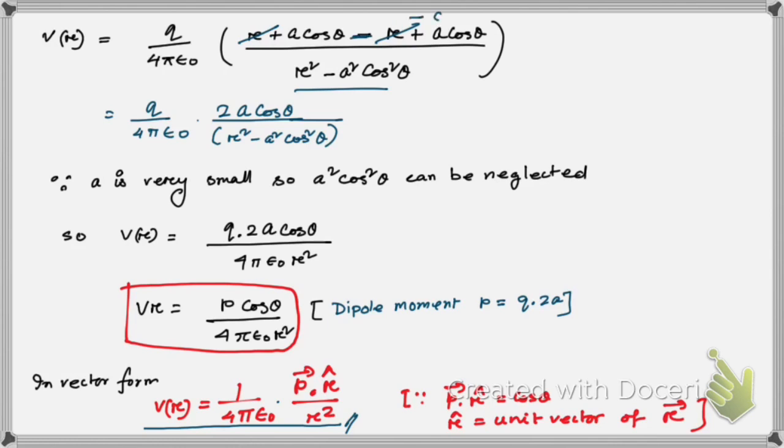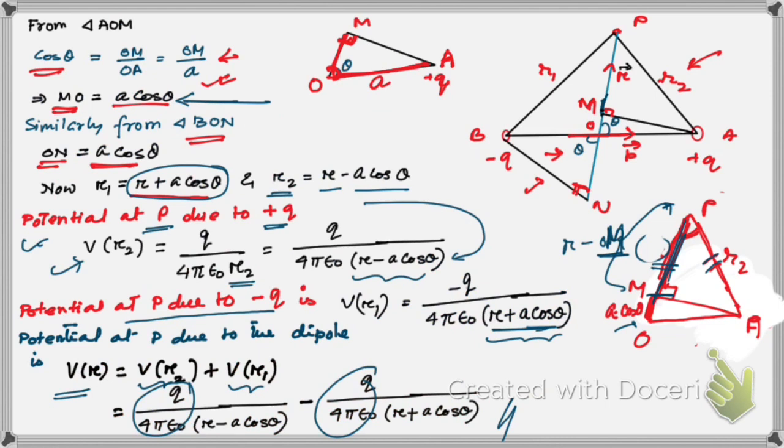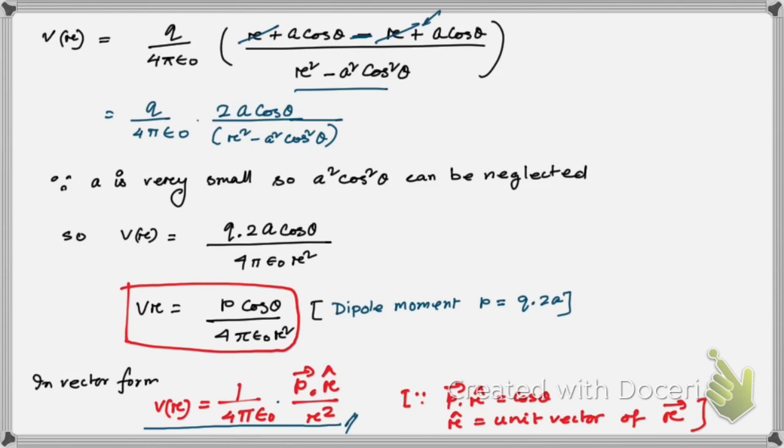There was also a minus in front of A cos theta, but as there is another minus, minus minus becomes plus. I hope you know this simplification, being a student of science. So here we have got this result.